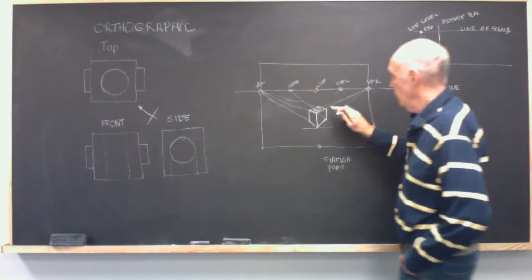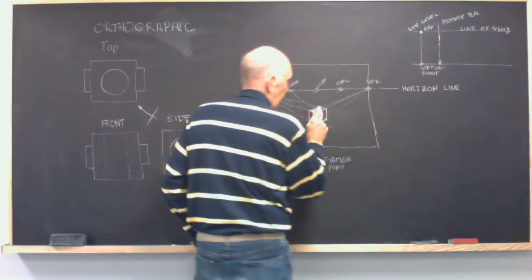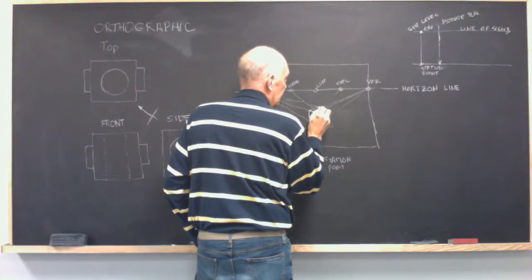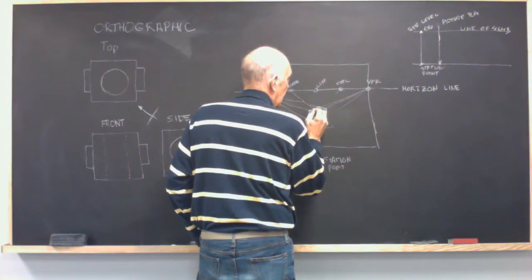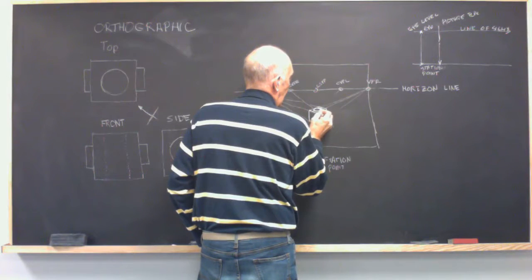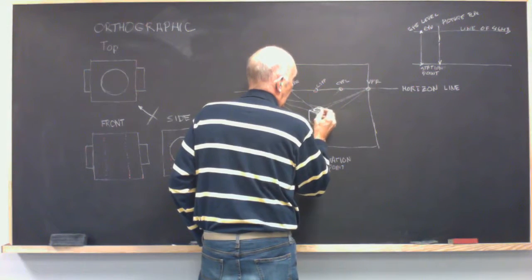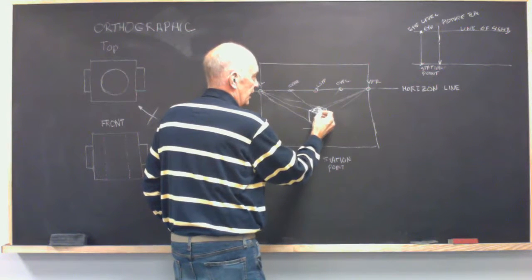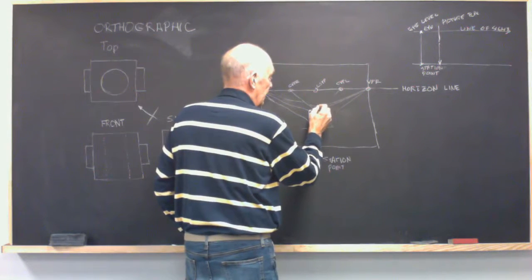So what I have to do is straighten this up. Now the major axis of the ellipse is parallel to the bottom of the picture plane.